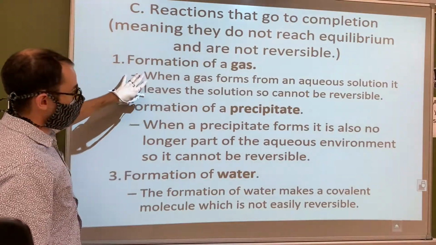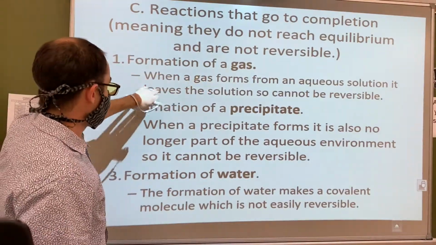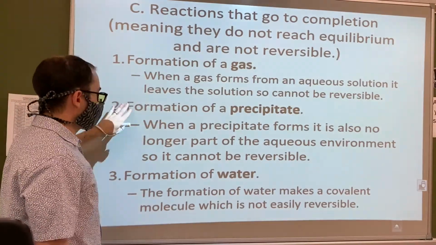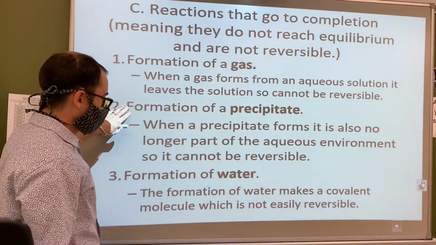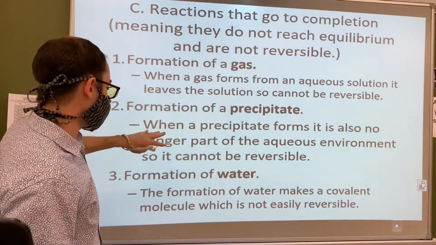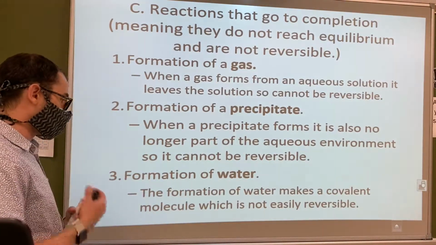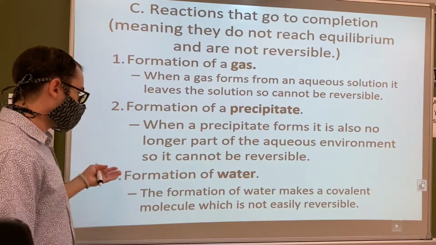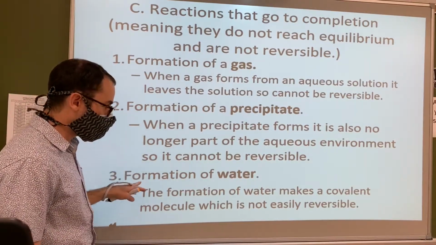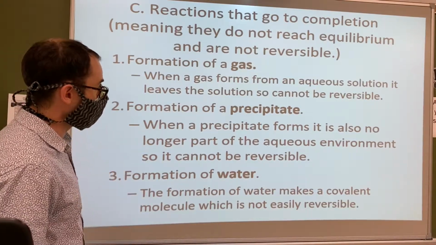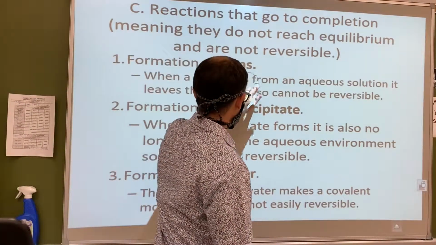So when a gas forms from an aqueous solution, it leaves the solution and cannot be reversible. If you form a precipitate, when the precipitate forms, it's also no longer a part of that aqueous environment, so it can't be reversible. Or if you form water, the formation of water makes a covalent molecule, which is not easily reversible. So these are when it doesn't work.